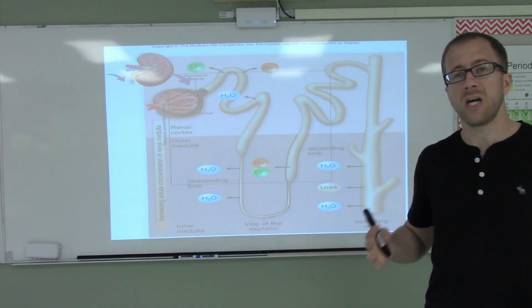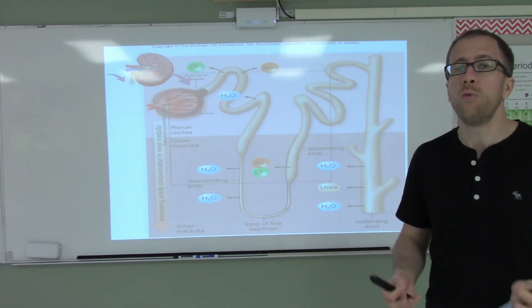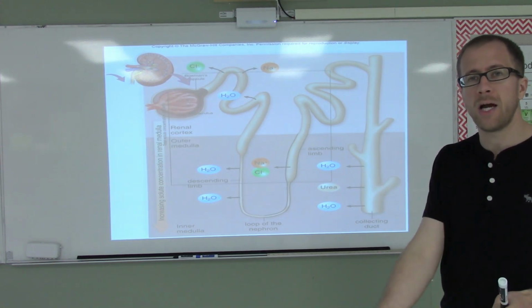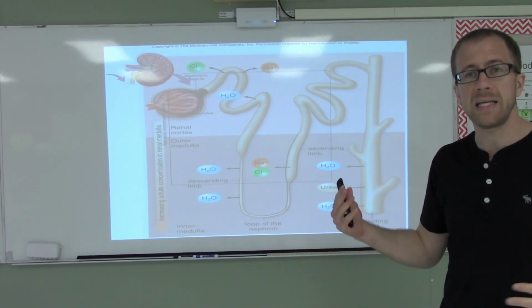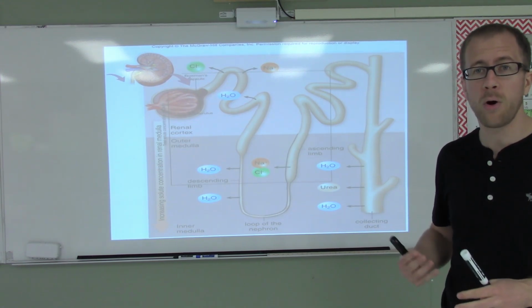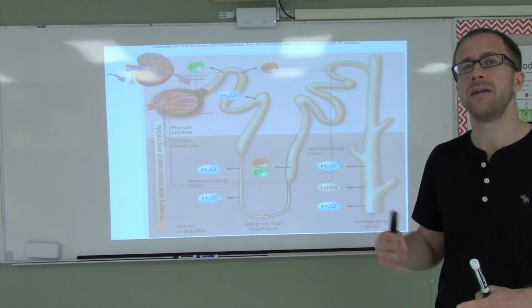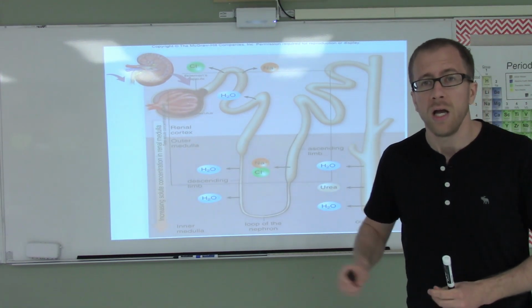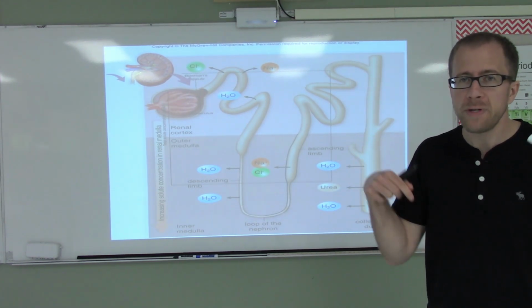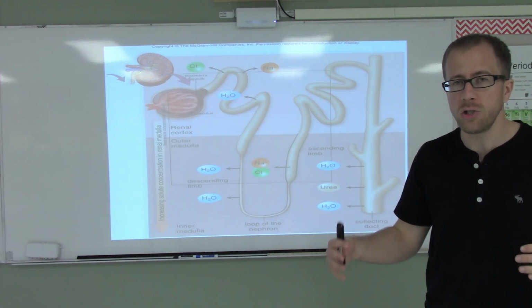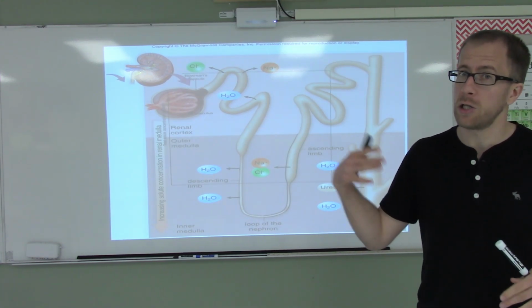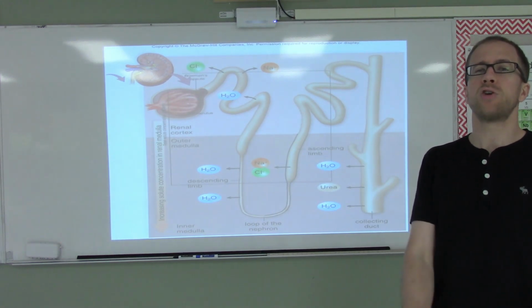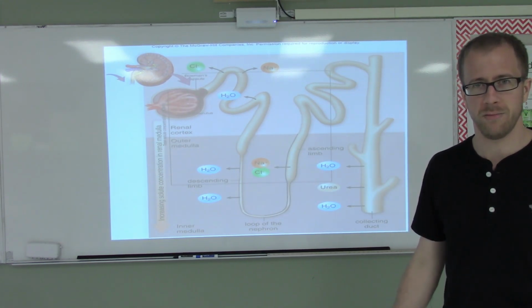If we're ingesting far too much fluid, we don't secrete as much of that hormone ADH, and thus our urinary output is more dilute and is higher. On the flip side, if you're not drinking much water, your urinary output decreases and becomes more concentrated as your body secretes a lot of ADH to add tons of aquaporins to reabsorb as much water as possible.